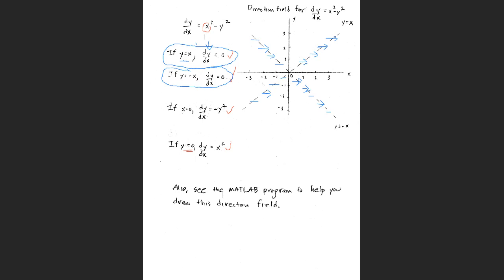So let's look at some of our other results here. Now, if x equals 0, dy/dx is equal to negative y squared. Well, x equals 0, is that a horizontal line or a vertical line?